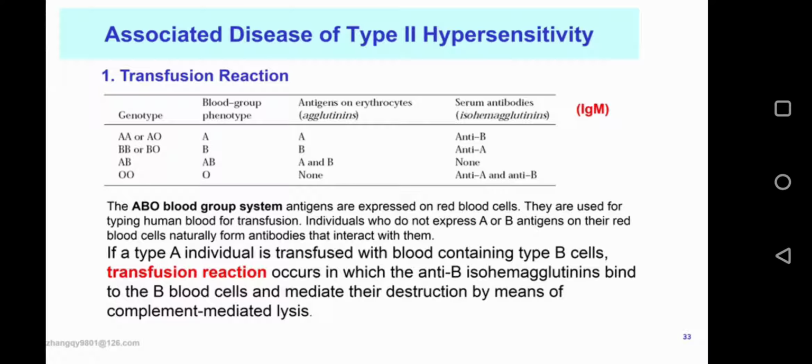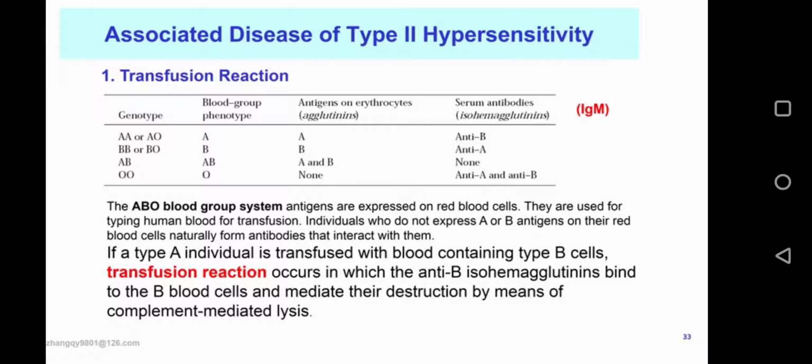But as I have mentioned, they still have the B antigen to stimulate B cells to produce anti-B. But this antigen is not limited to the red blood cell. Is it clear? Okay. So you should know that we use this antigen to type human blood for transfusion, right?